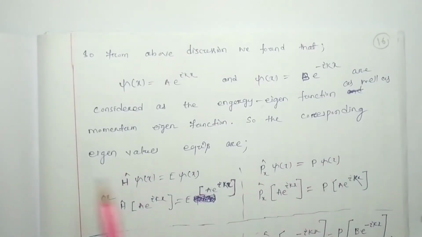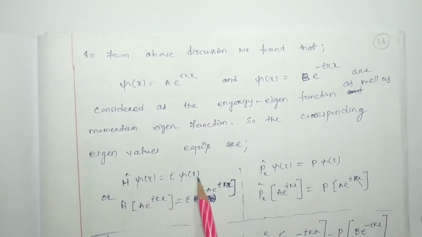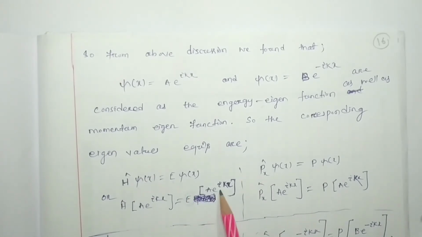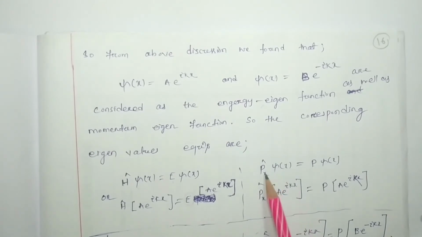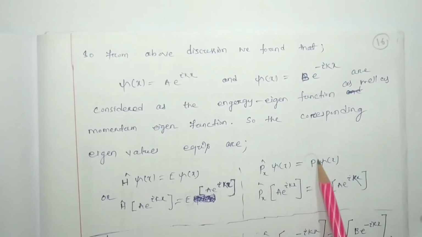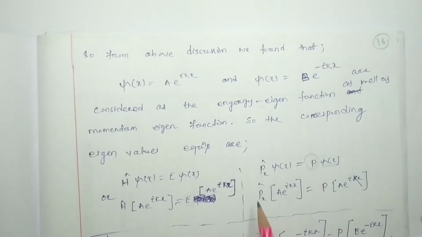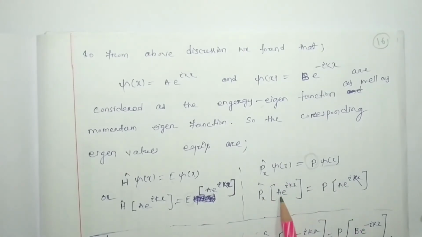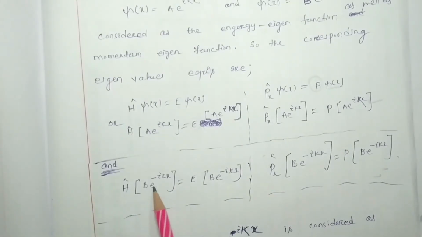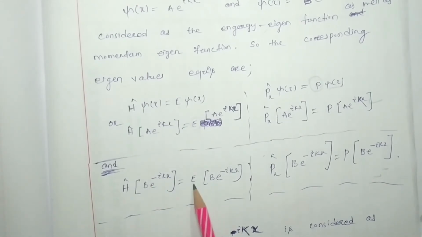So the corresponding eigenvalue equations are h cap psi x equal to E psi x, or we can write h cap a e to the ikx will be equal to E, this is the energy eigenvalue, a e to the ikx. For the momentum, px cap psi x will be equal to p, this is the momentum eigenvalue, psi x. With psi x taken as a e to the ikx, px cap a e to the ikx equals p a e to the ikx, and h cap b e to the minus ikx equals E b e to the minus ikx.